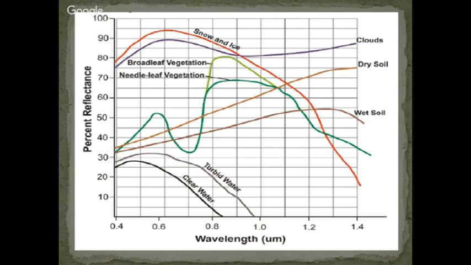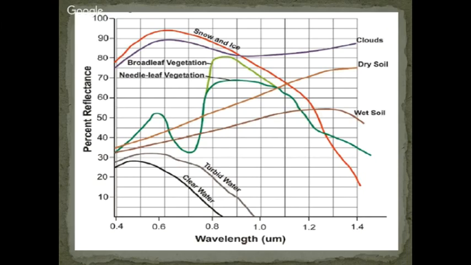So for differentiating between a cloud cover and a snow and ice sheet, we use higher wavelengths. Differentiating these two surfaces is easier in the higher wavelength regions.